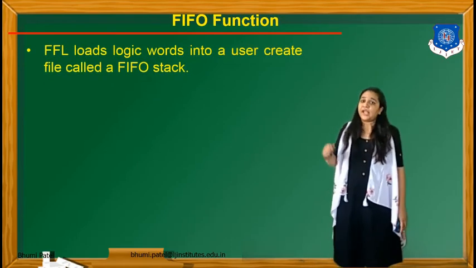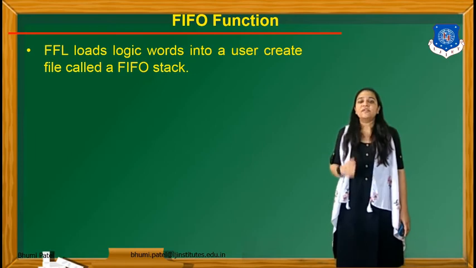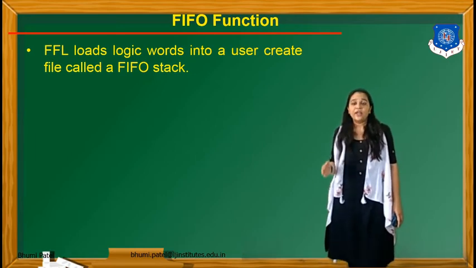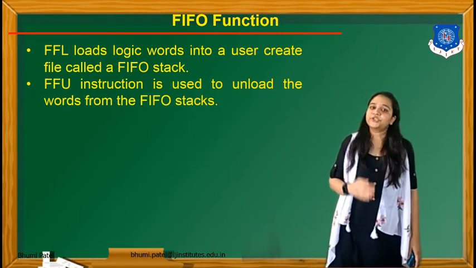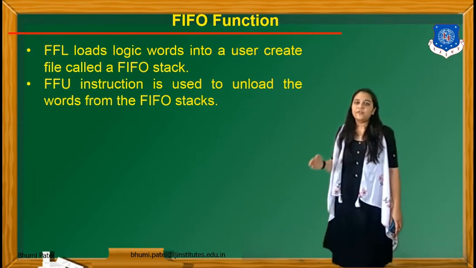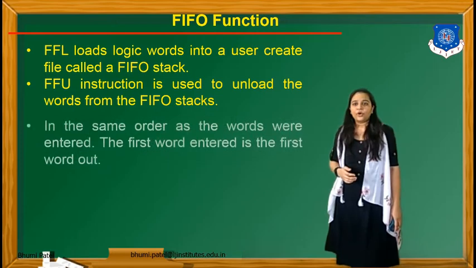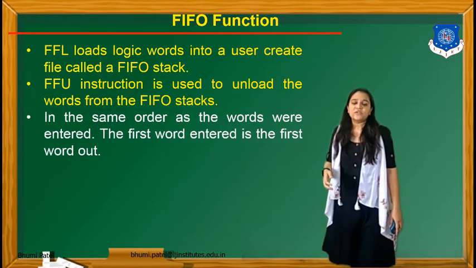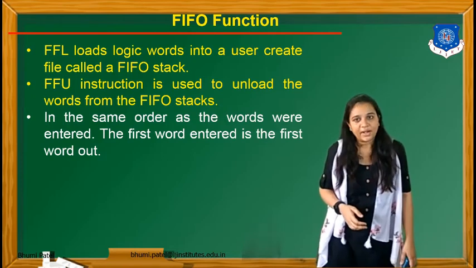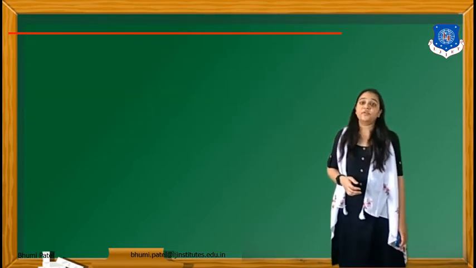FFL loads logic words into a user-created file called a FIFO stack. The FFU instruction is used to unload the word from the FIFO stack, in the same order as the words were entered. The first word entered is the first word out, because we have used a FIFO function.